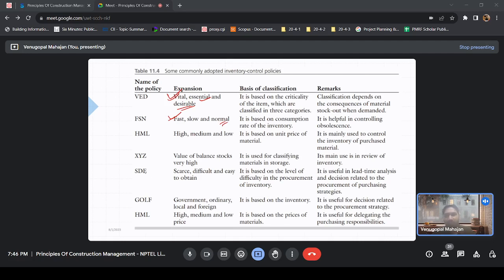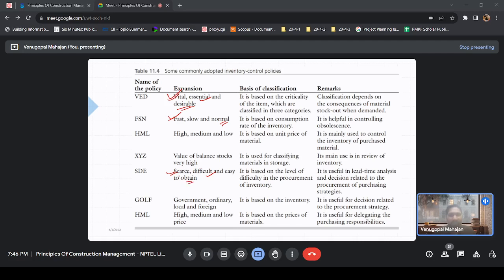Similarly, coming to SDE, let's say you want to make a pizza sandwich and it requires mozzarella and tomatoes. Tomatoes are very scarce to obtain, baby mozzarella might not be easily available, but bread is easily available.